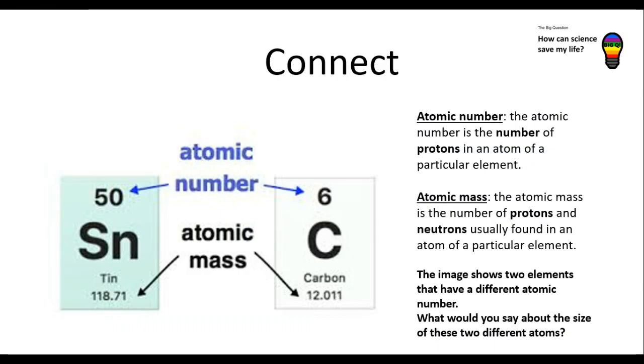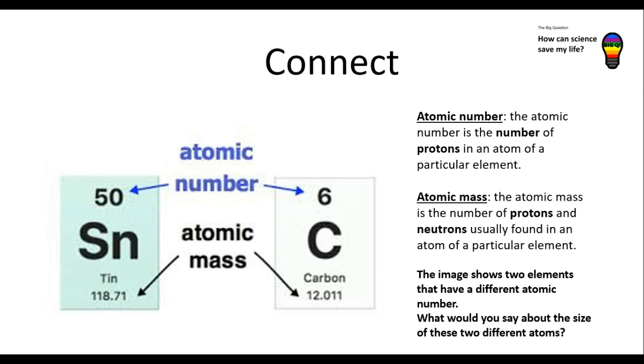So now let's quickly remember what the atomic number is. It is the number of protons in an atom of a particular element, and protons are found in the nucleus, and the atomic mass is the number of protons and neutrons usually found in an atom of a particular element. Remember, the nucleus is comprised of protons and neutrons.